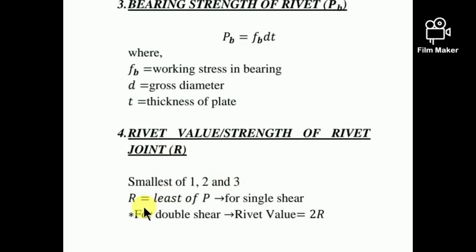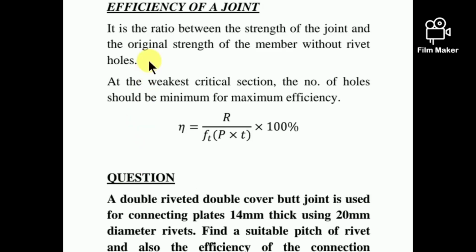If the rivet is in single shear, then R is taken as the least of P, that is, either 1, 2 or 3. And for double shear, the value of R that we get in single shear, we multiply by 2, that is twice R. Then we should know what is efficiency of a joint. This is the ratio between the strength of the rivet joint and the original strength of the member without rivet holes.